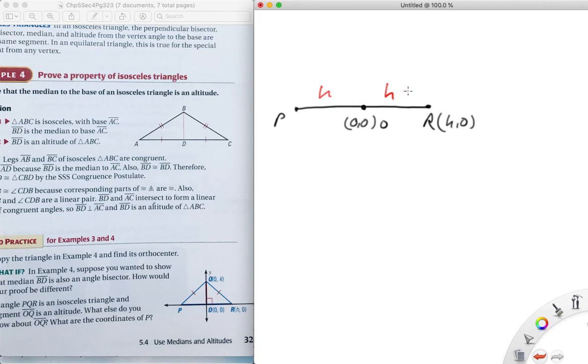This is going in the positive direction, so it's positive H. This guy is going in a negative direction, so it's negative H. So if I wanted the coordinates, it would be negative H, 0. Since I know that this is isosceles, I know that this altitude is also the median, and so on. So these guys are the same.